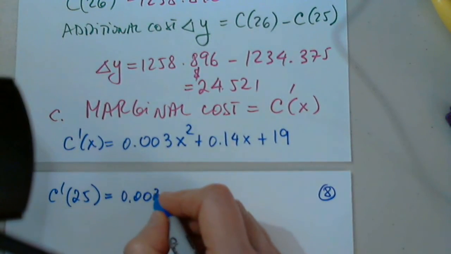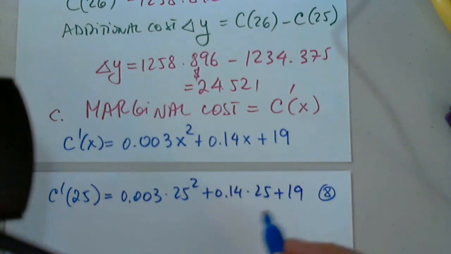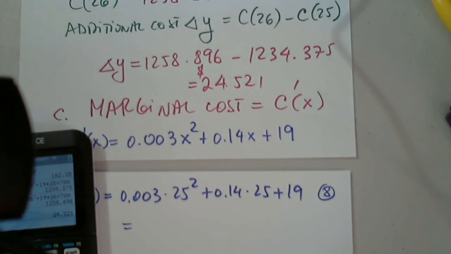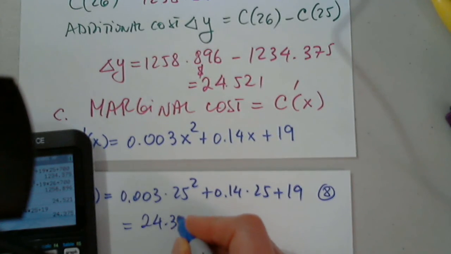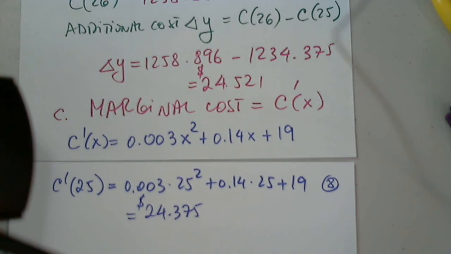So 0.003 times 25 squared plus 0.14 times 25 plus 19 is 24.375. And of course, this says C prime, this is per unit.